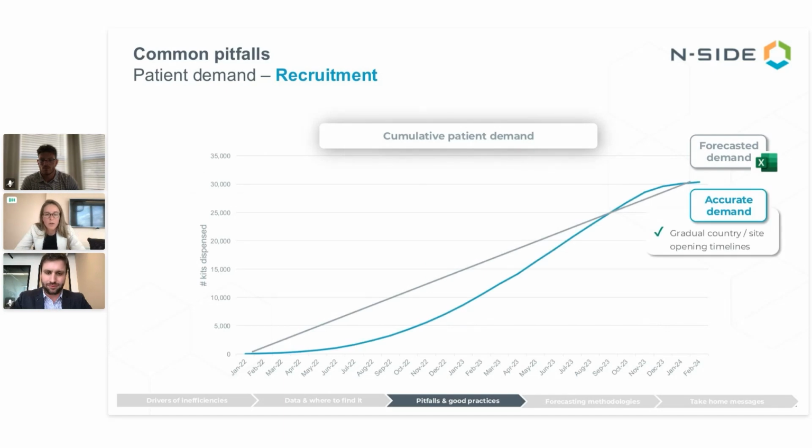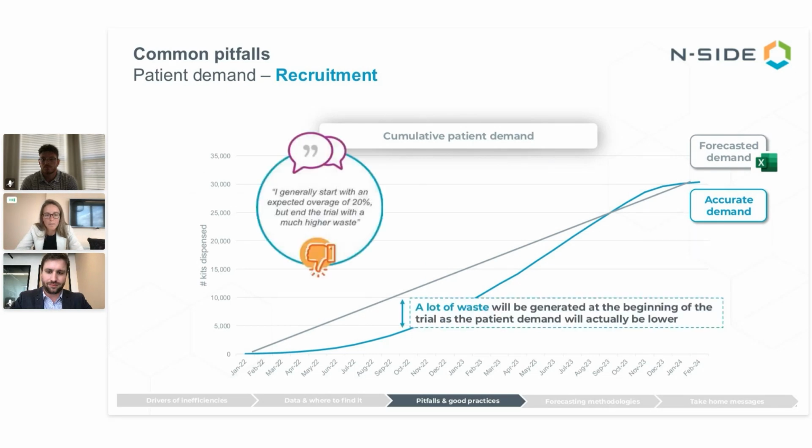And if you are considering a more accurate forecast, you will see that it looks like an S-curve. And as I mentioned, the recruitment evolution is slower at the beginning because countries won't start at the same time, and we typically see that they are sometimes slow to start recruiting in the trial. And then you see that it goes a bit faster after.